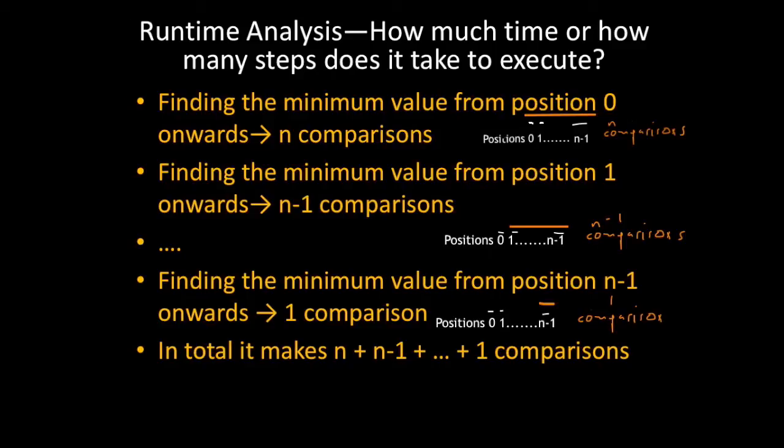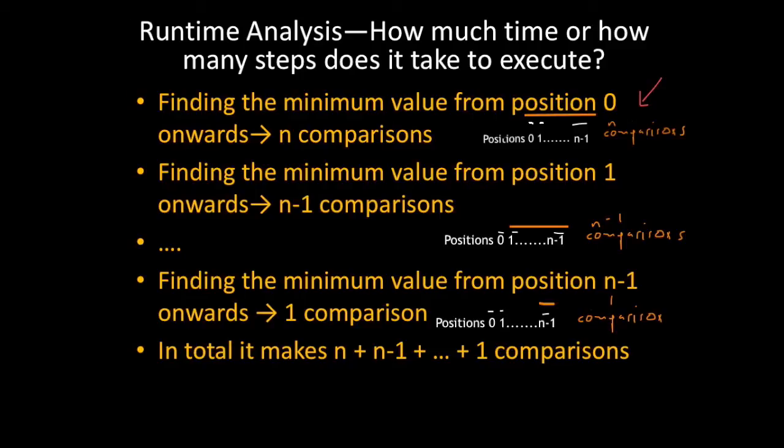Well, first it finds the minimum value from position 0 onwards. This will take n comparisons. We set the minimum value initially to be the one at position 0, and then we compare it to each value after, so to the right.